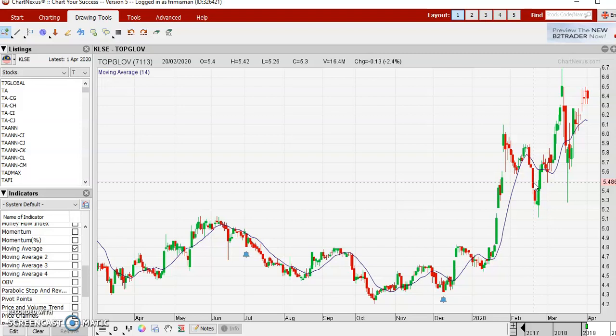So if you want to use this single moving average or simple moving average, the first buying point, we can see here clearly, over here is the first buying point.